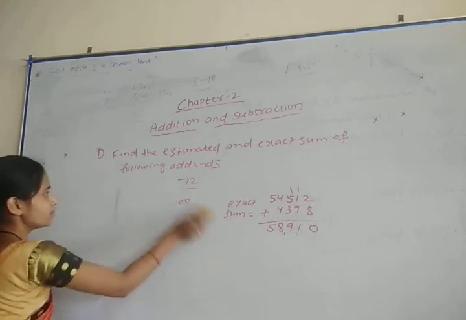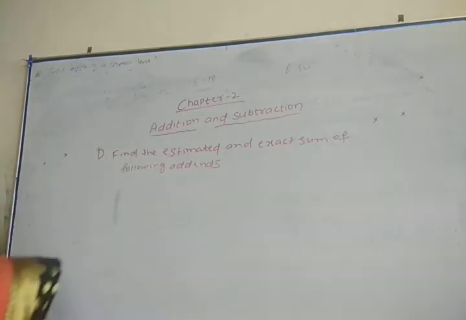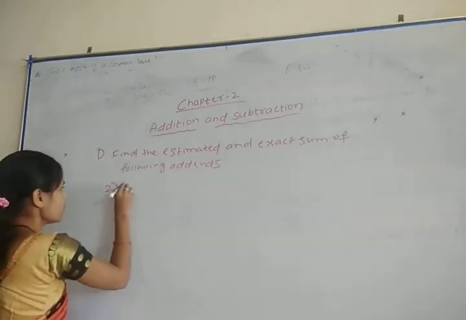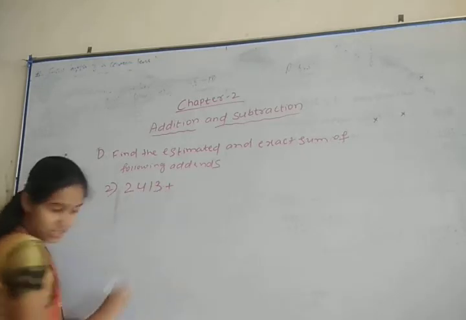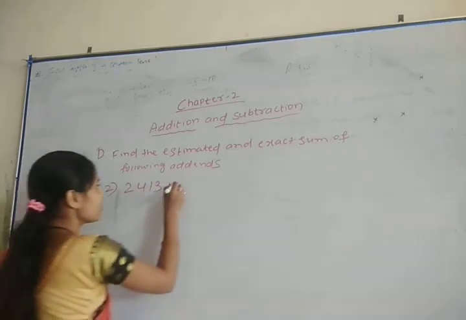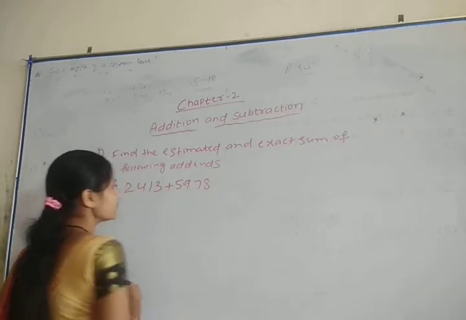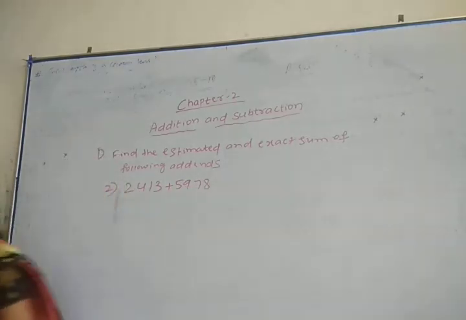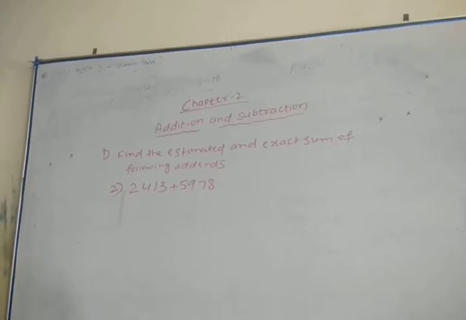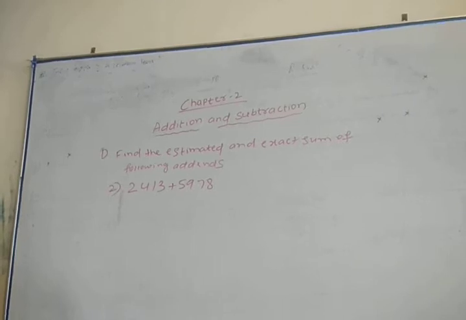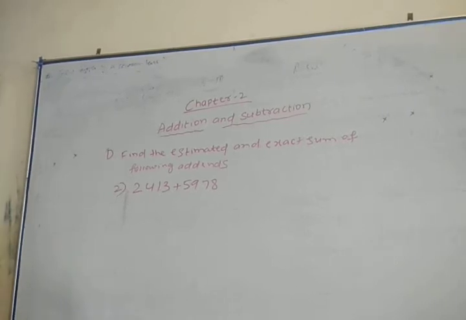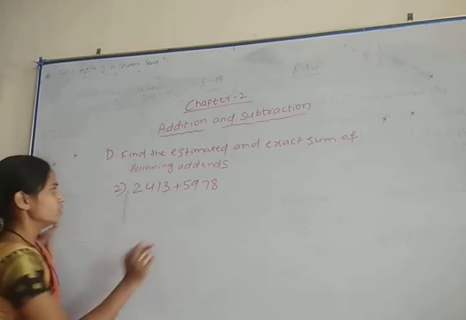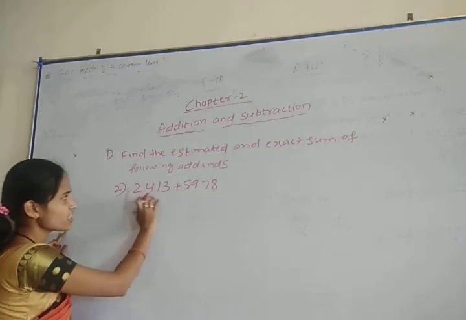Now go to the second problem. Here 2413 plus 5978. Now I will round the first number.